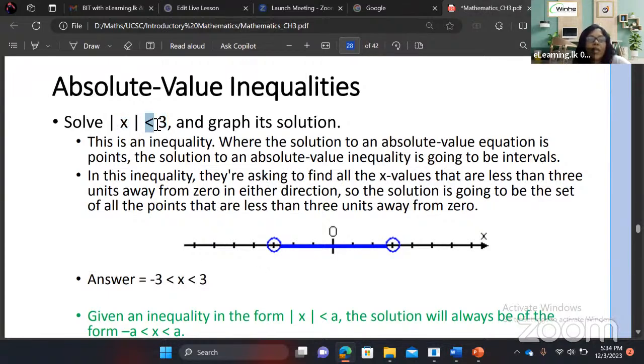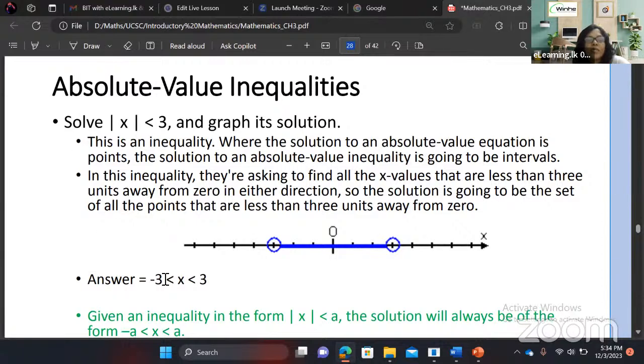Since it shows only the less than sign, the absolute value of x is less than 3, right? That means whether x is positive or negative, its absolute value is less than 3. So the value of x is between -3 and +3.